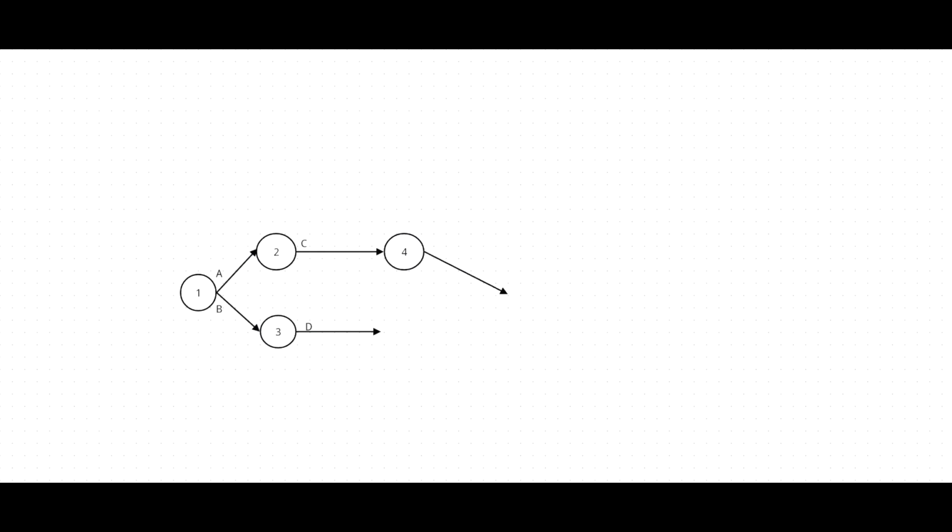Now you can consider the previous one. For E, we should complete C and D both. Now you can see D is completed, and we can complete it using the 5th event.